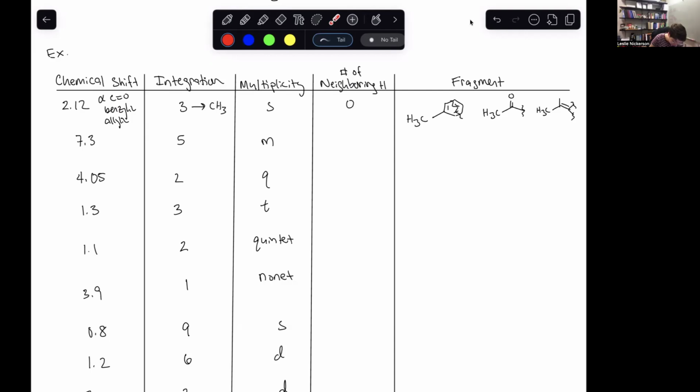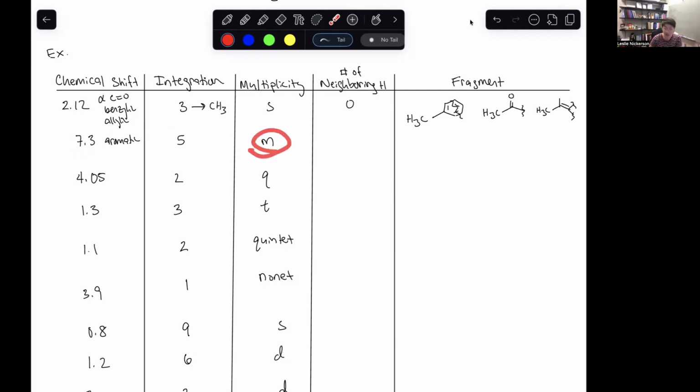All right, so 7.3 chemical shift. As soon as I see that, I'm really thinking aromatic region. And especially if I've got an integration of 5, okay? Benzene has 6 H's. So anything that's 5 H's or less, I'm thinking benzene, and especially in that chemical shift region.